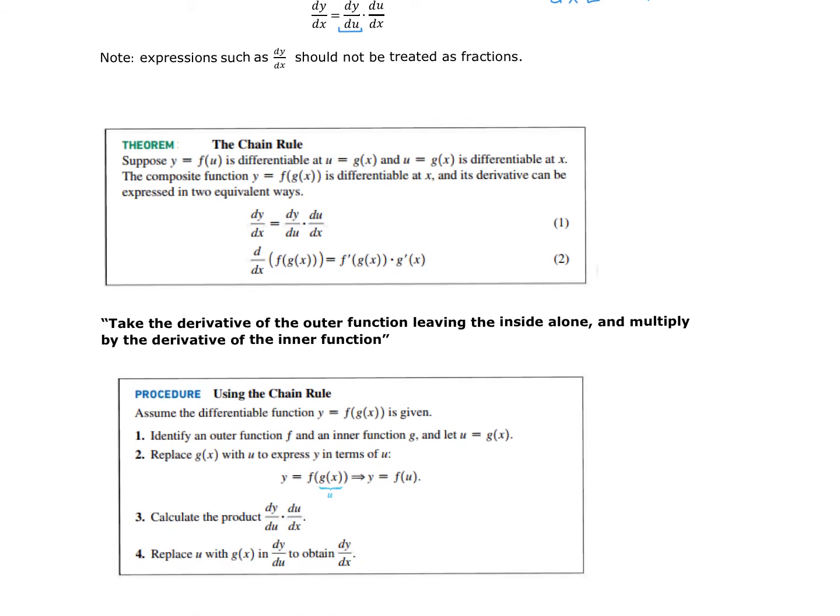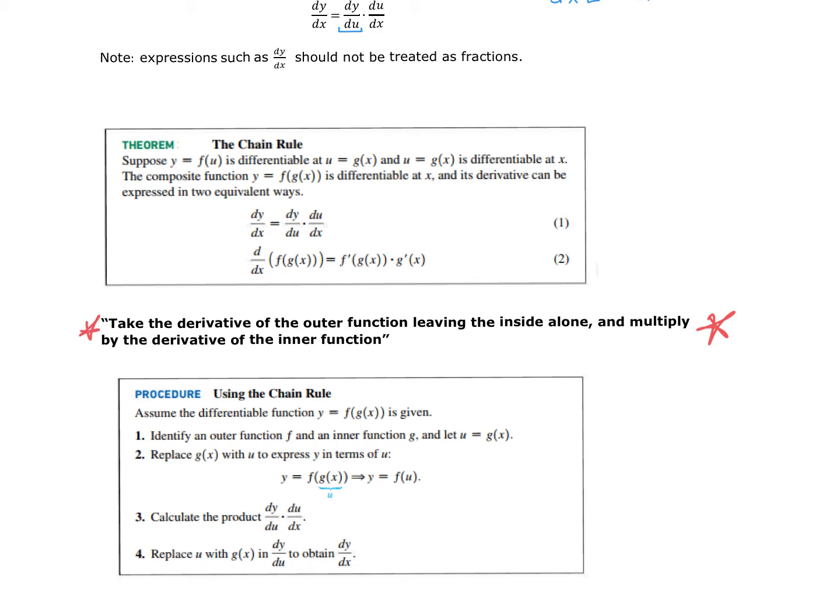If y equals f of u is differentiable and u is equal to g of x is differentiable at x, then we can say dy dx is dy du times du dx. And again, I like to think of this as taking the derivative of the outer function, leaving the inside alone, and then taking the derivative of the inside function.